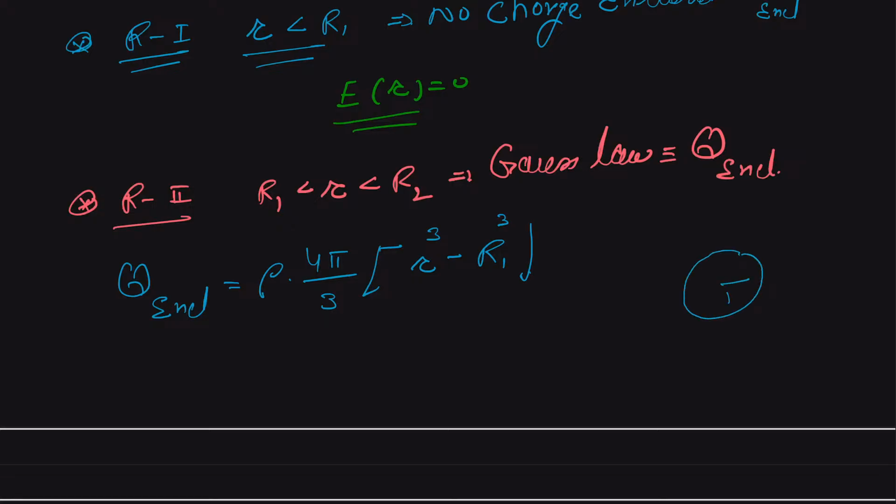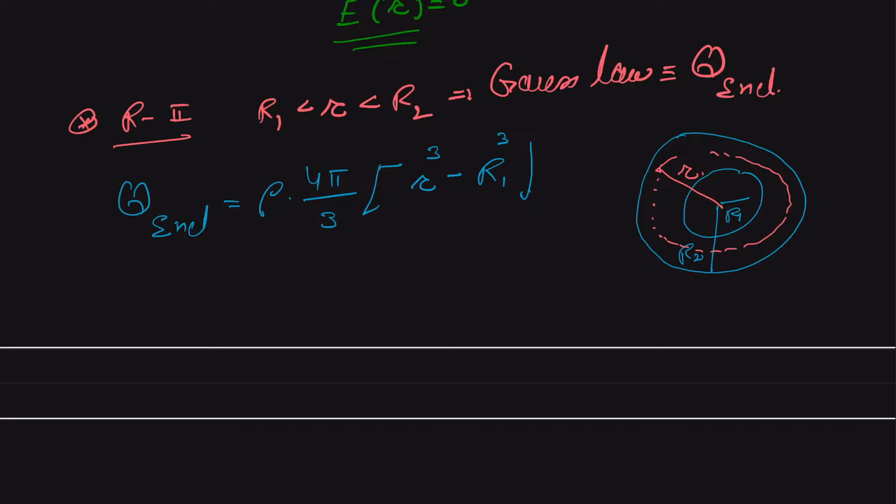So this is our r1 and this is our r2, and we have assumed a Gauss surface somewhere here which lies between, and its radius is small r. Okay, so we get the Q enclosed.